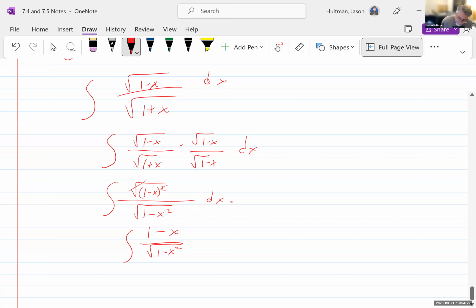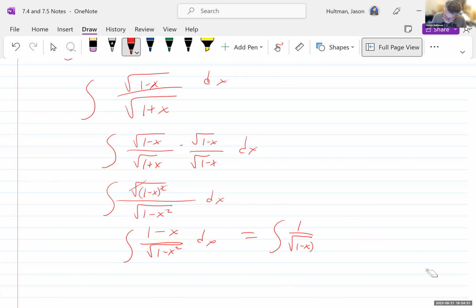Oh, okay. So now I can put this over a common denominator, break this up into two separate integrals. 1 over the square root of, oops, 1 minus x squared. I gotta stop making mistakes.